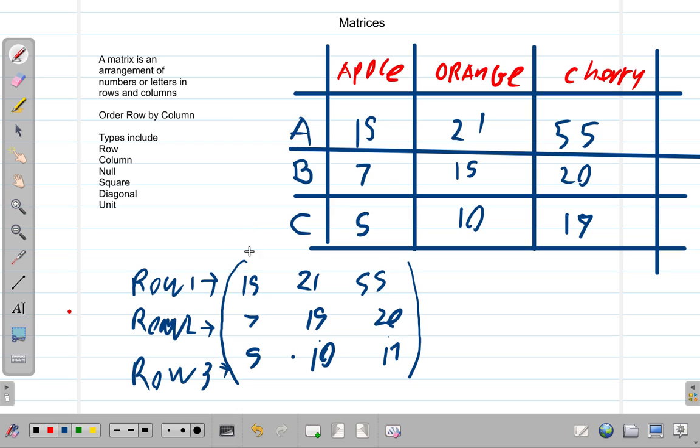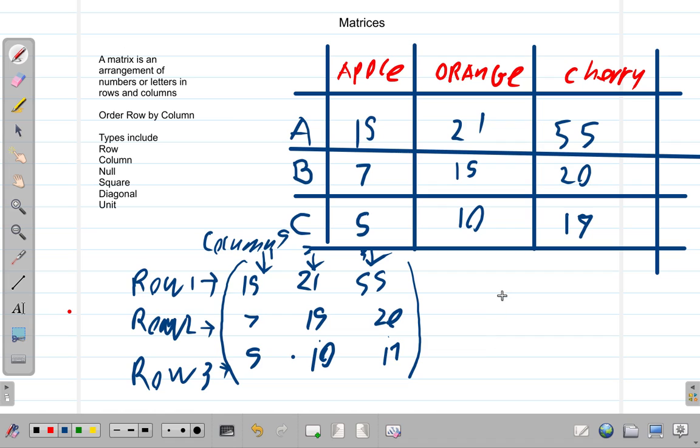Then the ones that are lined up vertically are called columns. You have column 1, column 2, and column 3. All right?